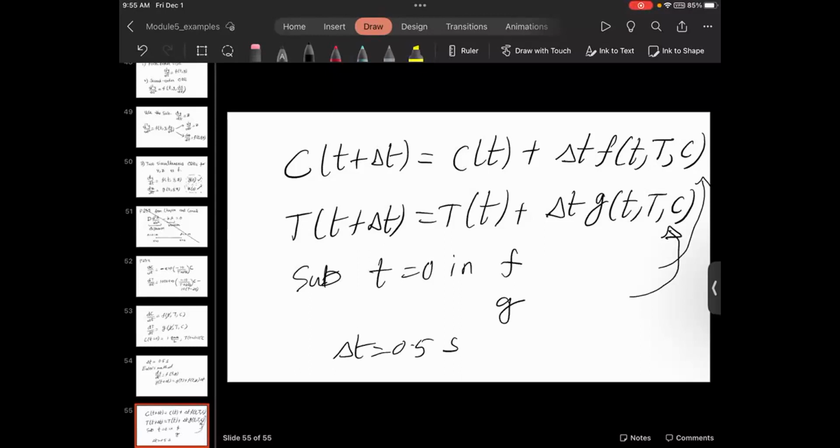So if you put t equals 0, then you'll have time 0, temperature at time 0, and concentration at time 0. Those are just initial conditions. These are all given to you.